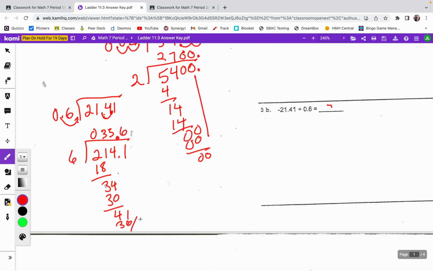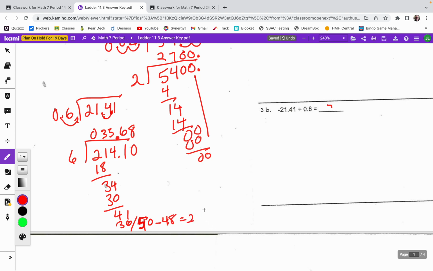And I've got 4 left over. And I don't have any more numbers, so I can just put zeros. And so, let's see. Oh, that was a 5. Whoops. And so this is an 8. 8 times 6 is 48.